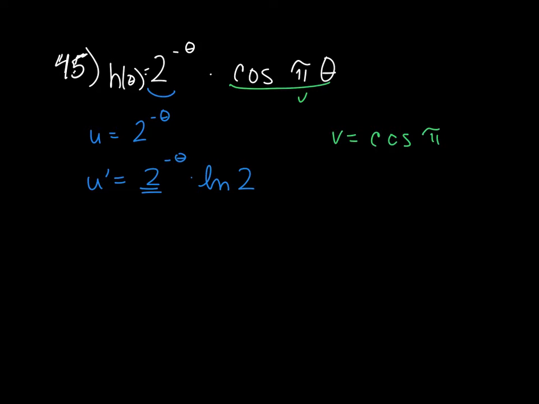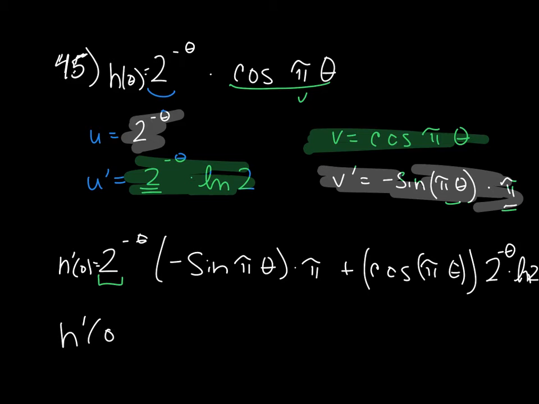Cosine of pi theta. V prime, we need the chain rule here. The derivative of the cosine is minus the sine of pi theta, but you have to multiply that times the derivative of the inside, right? This is where the inside stays the same, and then you have to multiply it times the derivative of that inside.